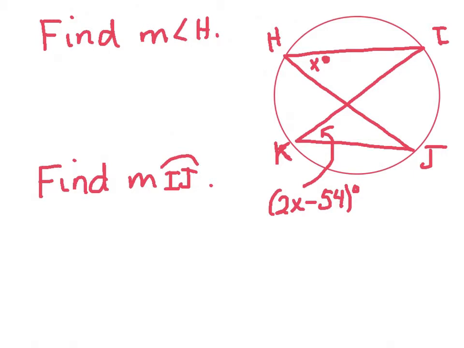Now that you're back, what I notice is that both of these angles are inscribed in the same arc. What that means is both angles are half as big as that arc, so they're exactly the same size angle.